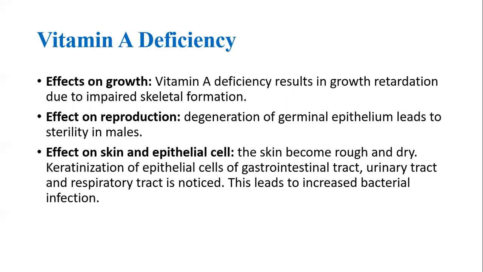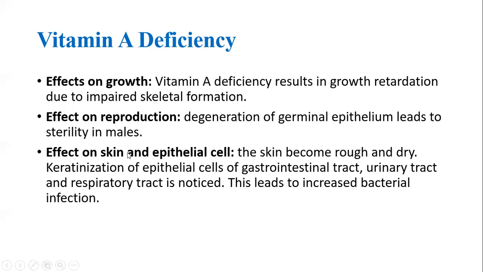In the case of deficiency of vitamin A, because vitamin A helps in the proper growth of epithelial cells, the epithelial cells degenerate, which leads to sterility in males, because vitamin A is not provided sufficiently in the diet.